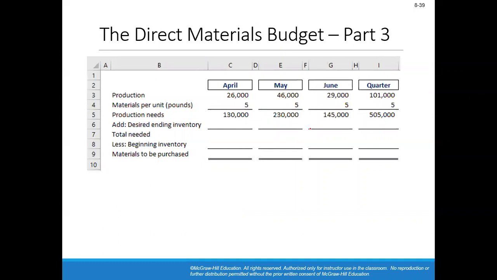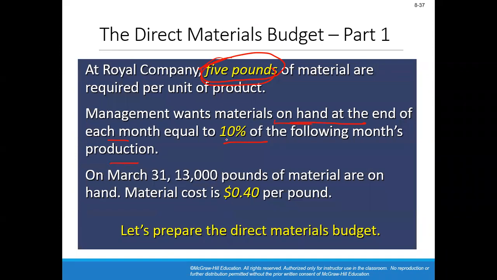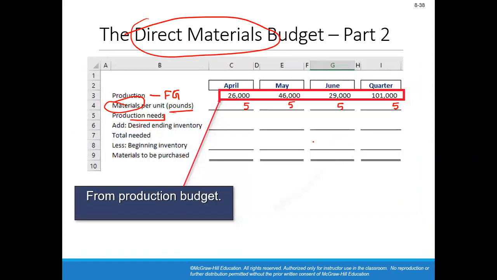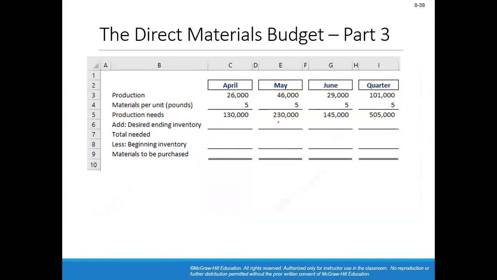Now, can you recall that it was mentioned that I should have a desired ending inventory, which is 10% of the following month's production? In a similar way to the earlier calculation, out of this 230,000, the desired ending inventory, 10% of the following month, is 23,000.